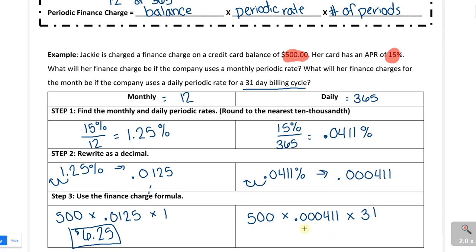And when we multiply this out, we get $6.37. So if you're comparing two companies, one that uses a monthly rate, one that uses a daily rate, you want the rate that has the lower fee. So here, the monthly rate is better because you're going to pay less money.